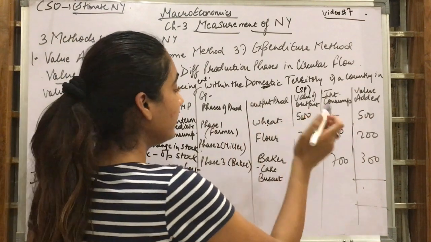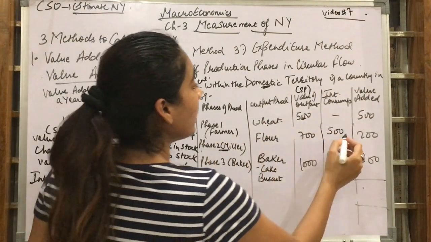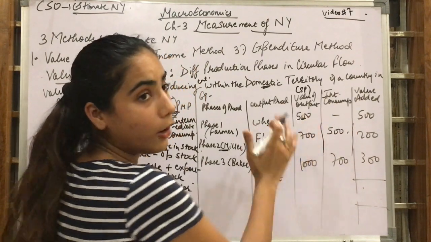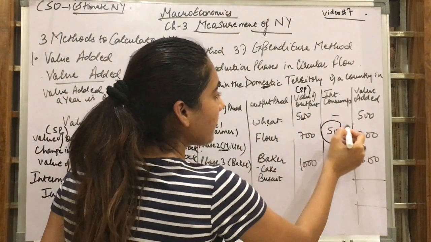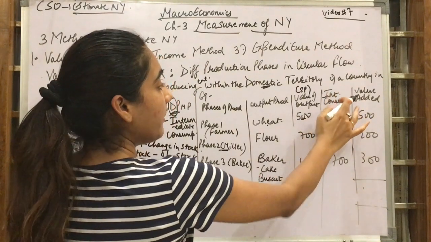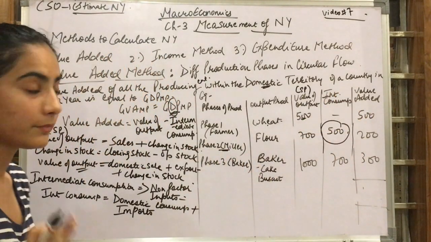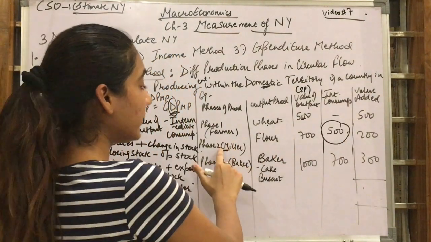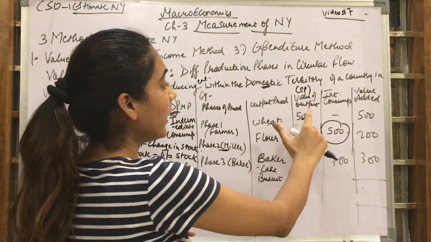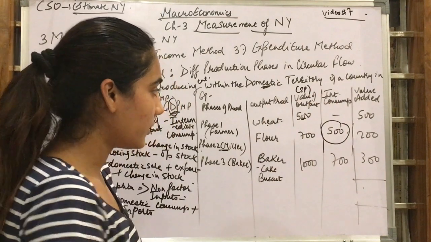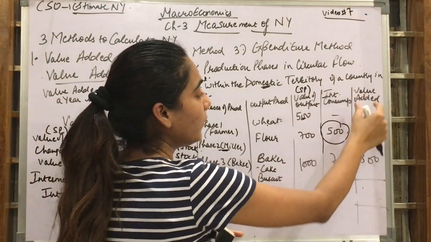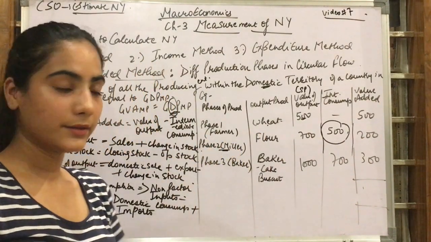So for the miller, intermediate consumption is wheat, which comes to 500. Now how do we calculate value added under phase 2? That means the value of output minus intermediate consumption. 700 minus 500 comes to 200 as the value added of phase 2, the miller.